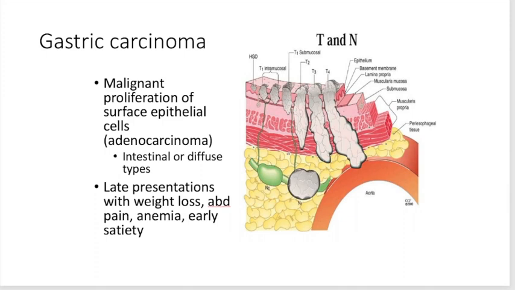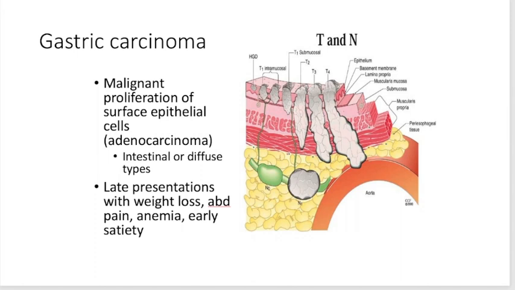As you can see, we have our multiple layers of the GI tract. So we have that surface epithelium, we have our basement membrane. Remember, it is localized until we penetrate the basement membrane. Here we have the lamina propria, muscularis mucosa, submucosa, muscularis propria, and then we have periesophageal tissue.